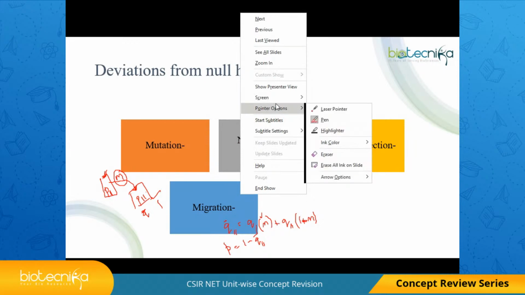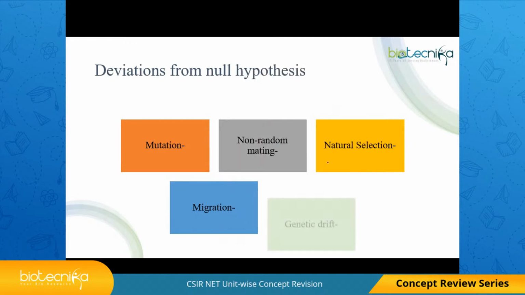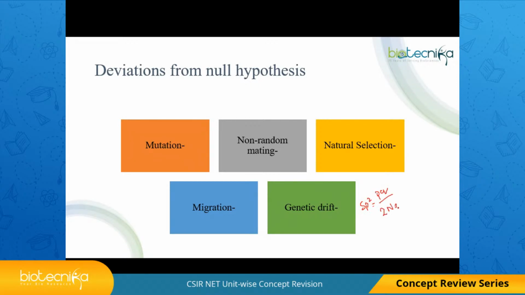And lastly, you have genetic drift, another disturbing element. So how do you calculate the magnitude of genetic drift? It is written as sigma p square equals pq by 2Ne, where Ne is known as the effective population size.